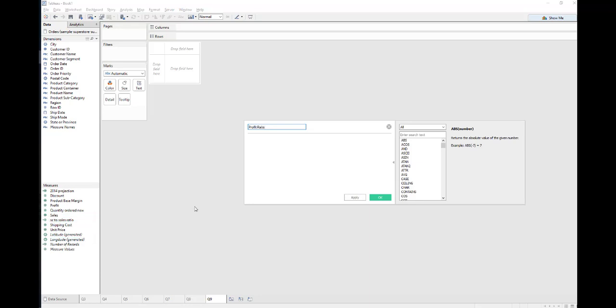This is the sum of profit divided by the sum of sales. I'm typing it in this case, because sometimes it is easier to type than to pull it up. Double click the one you want, then click apply, and say OK.